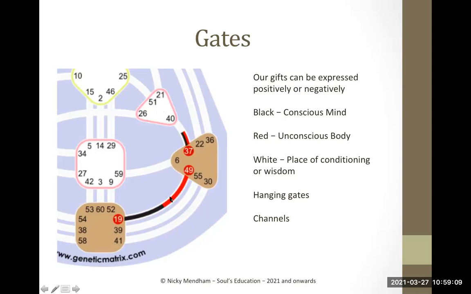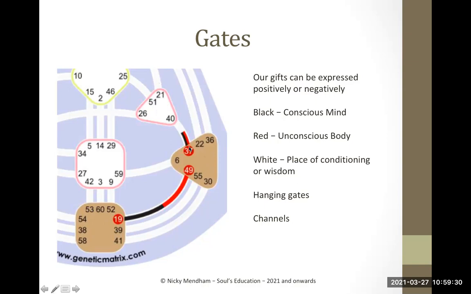So with your channels, it gives you access to each center. So you can see here that the root center is defined because the 19th gate is defined. And then because the 49th is also defined, it gives you access to this emotional energy.